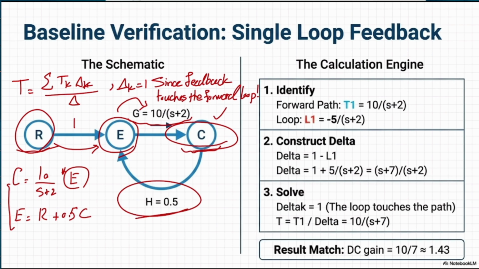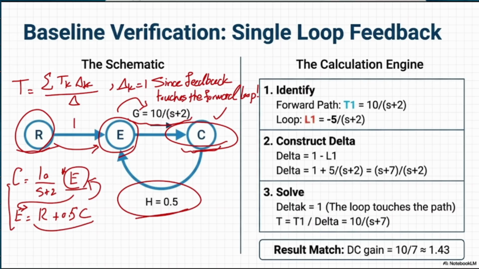You can see that I do have the feedback loop, and this is going to be 0.5 times whatever C was. So what should I do right now? Instead of this E, I have to put R plus 0.5C there, and then I can do the calculation and find the relationship between C and R itself.